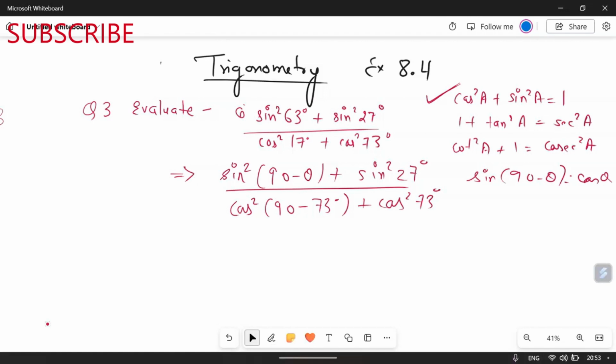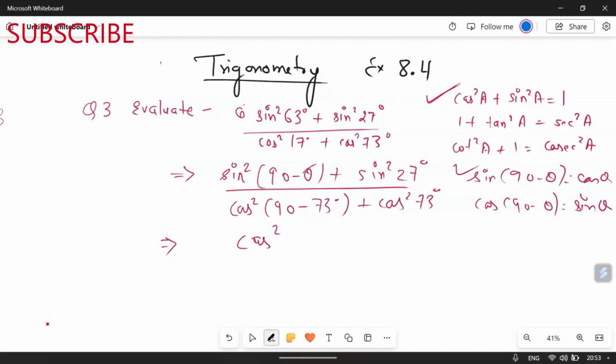Here we are going to use cos 90 minus theta must be equal to sin theta. Okay, so sin square 90 minus theta will give you, with respect to this identity, cos square.